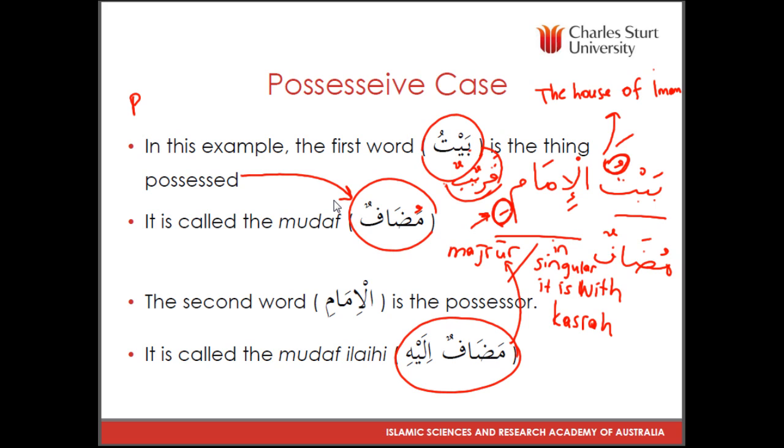Imam is the possessor. So Imam is the owner of that house. That's why it is the possessor. But these terms are not the important ones. The important ones are the Arabic terms, mudaf and mudaf ilayh.